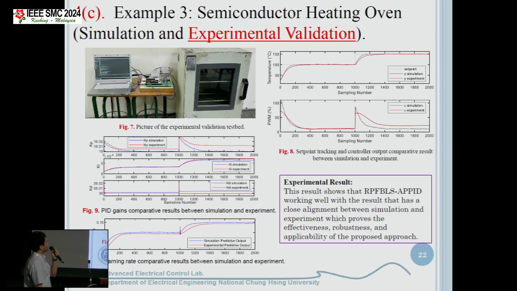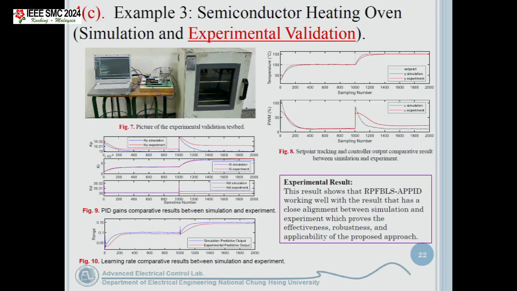And this is the experimental validation, which is the heating oven. This is the company-use heating oven that we bought before. And this is the controller itself, where we use an STM32 microcontroller board. And this is my computer for programming and monitoring in MATLAB.